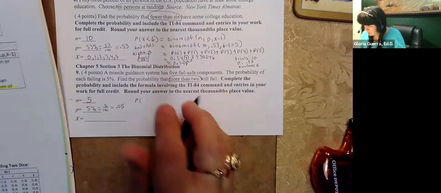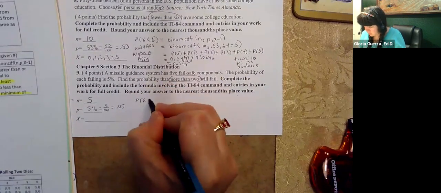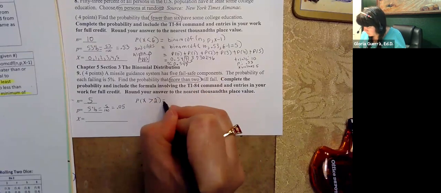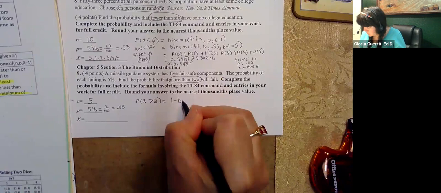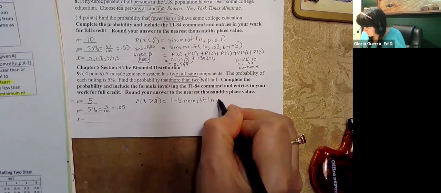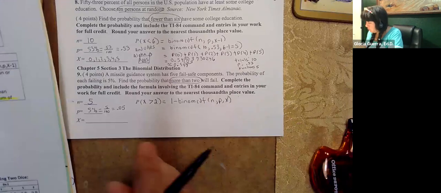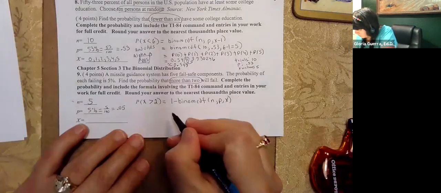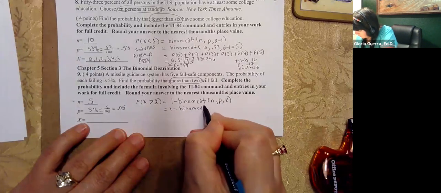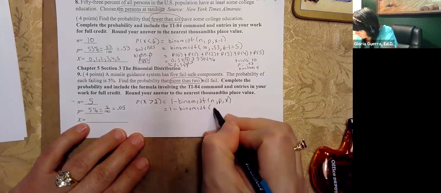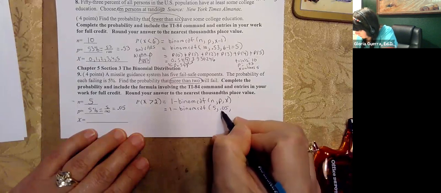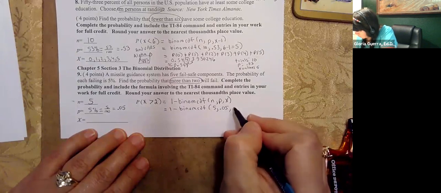That's a complement. So no subtraction on this one. So 1 minus binomial CDF, N, which is 5, P, which is 0.05, and then X, which is 2.